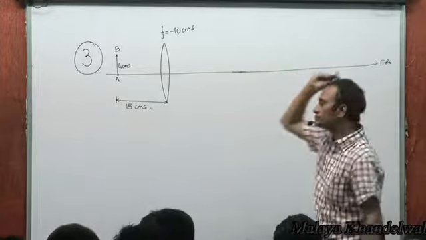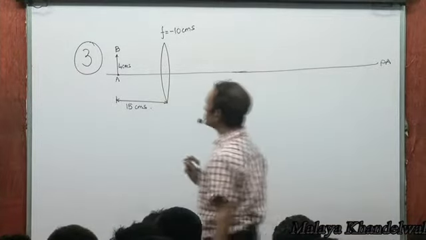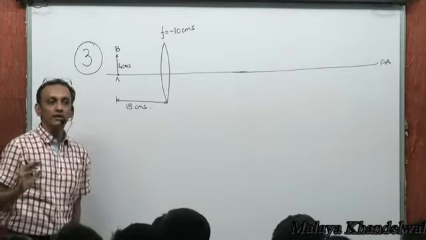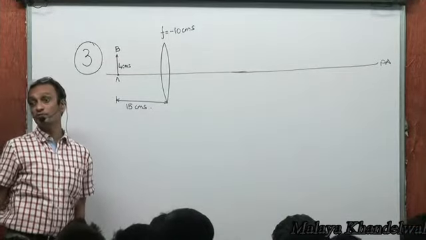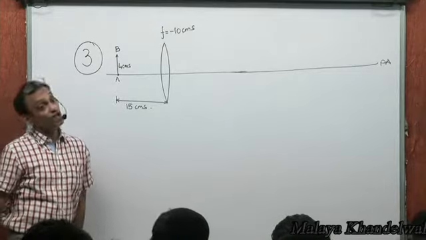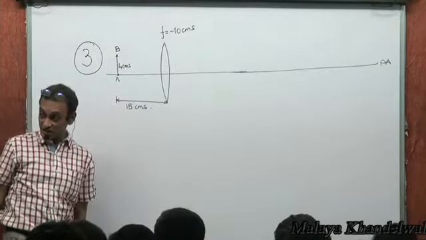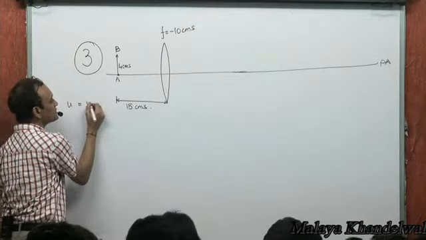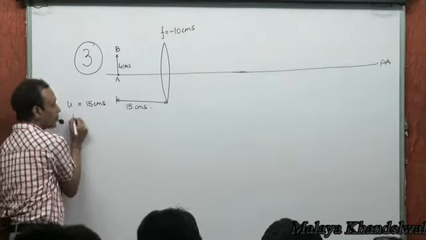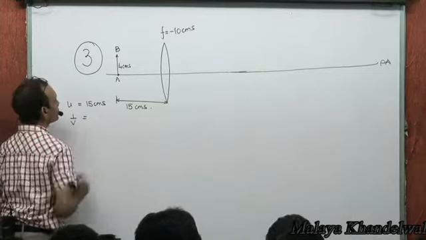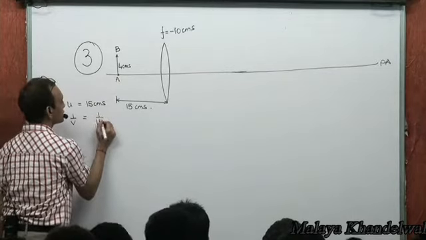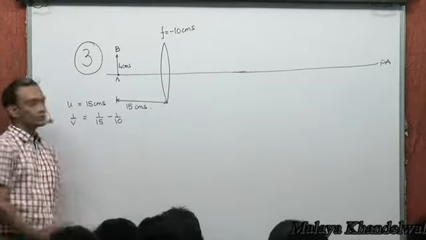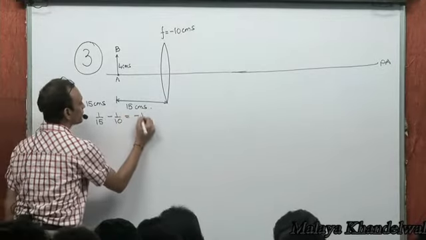Now, if the mirror was not there, let's figure out where the image would be formed. The size of the image, the position of the image, etc. Right? So I'm going to use u is 15 centimeters. 1 by v would be 1 by 15 minus 1 by 10, minus 1 by 30.